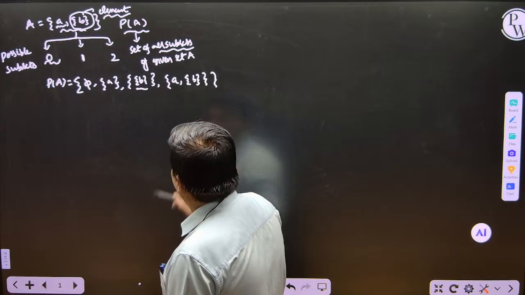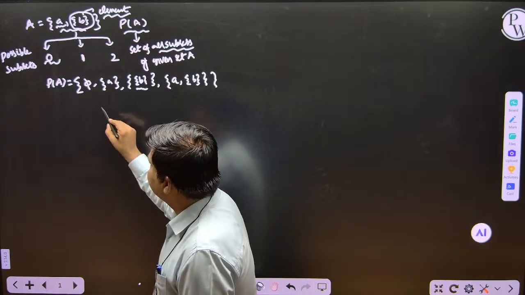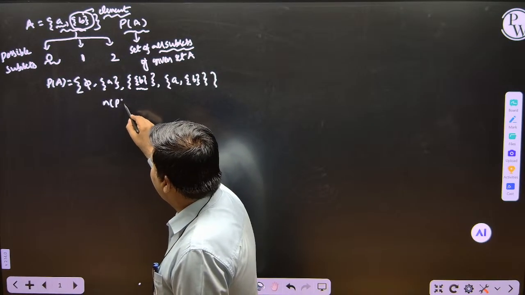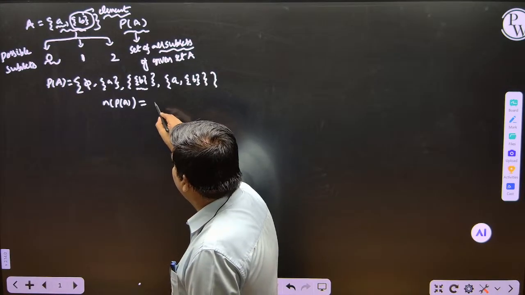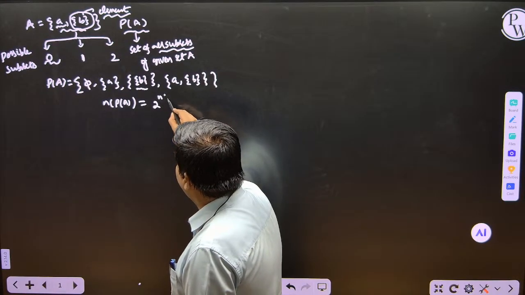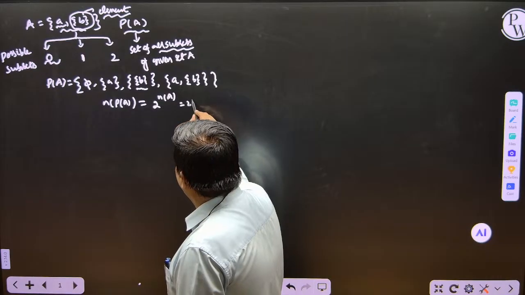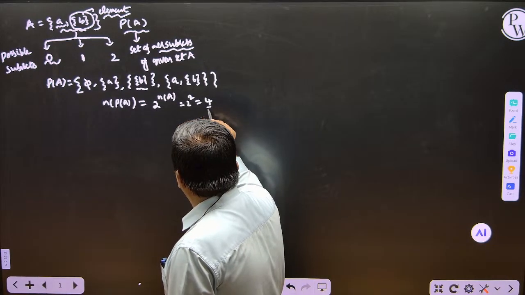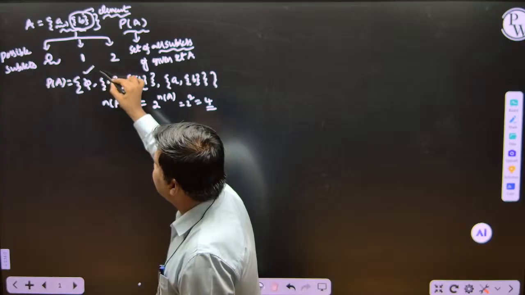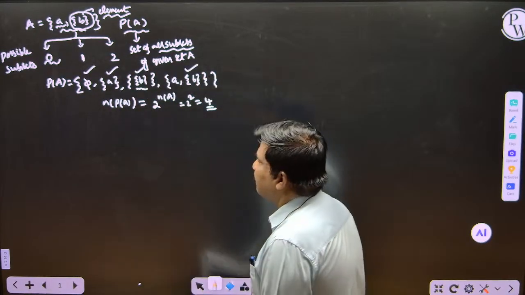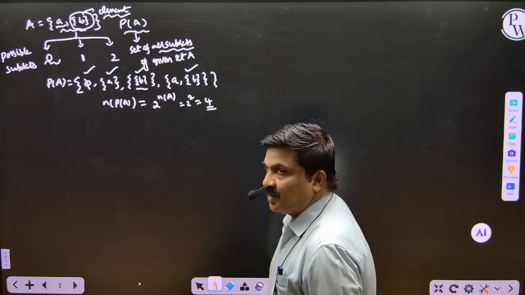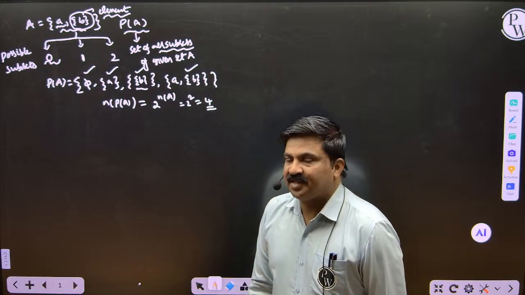Now totally how many elements are there? As I already told you, the number of elements in the power set of A is equal to 2 power the number of elements in A. That is 2 square, which is equal to 4. So I have 4 elements in it: 1, 2, 3, 4. Because the power set consists of all possible subsets of a given set.